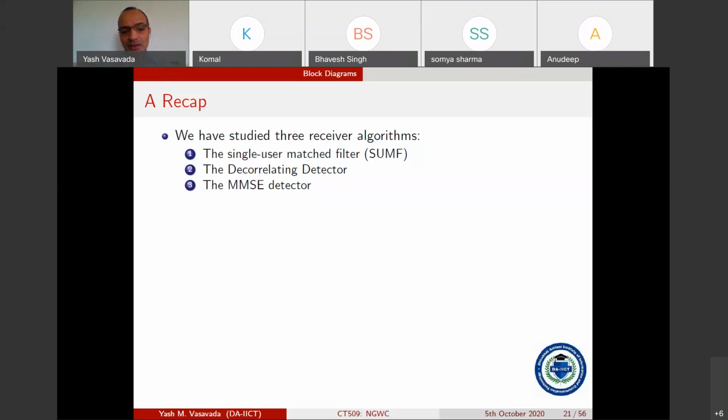That is because at millimeter waves, which is the frequency band being considered for the next generation systems, the model that we have seen of the uniform linear array is largely applicable. And so beamforming for MIMO is a very relevant application.